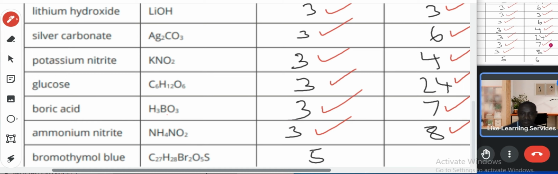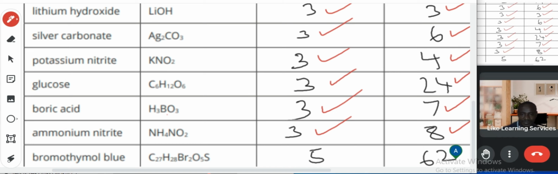Finally, this one, 5 elements: carbon, hydrogen, bromine, oxygen, sulfur. 62, that's large. 28 plus 27, that's 55 plus 7. Are you sure? Yeah. 55 plus 7 equals 62.